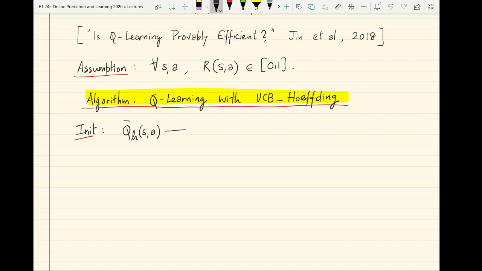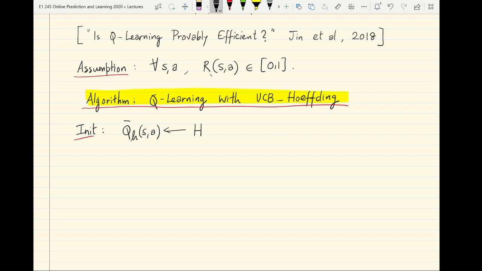So you initialize this to the largest possible total reward in H time steps, and since we are assuming that every reward at each time step is bounded by 1, the largest reasonable upper bound for the entire reward within an episode is simply capital H.